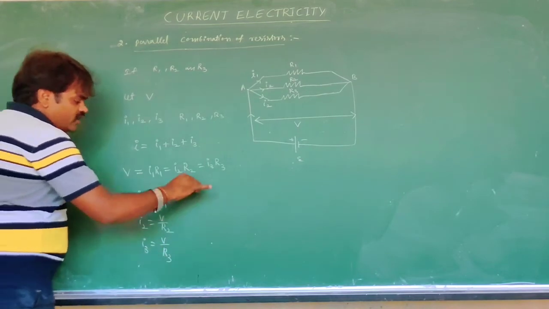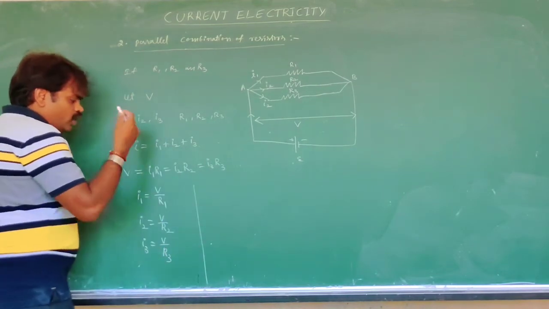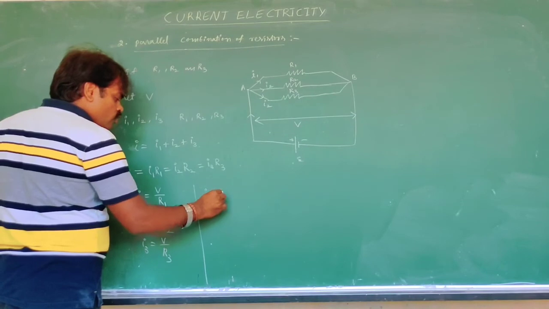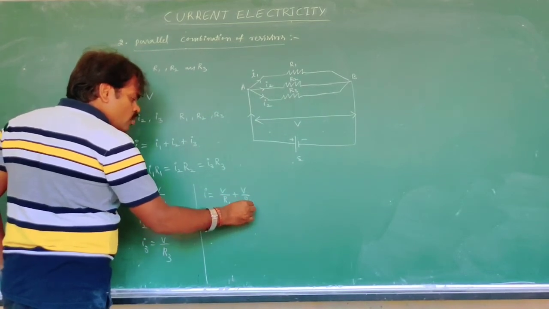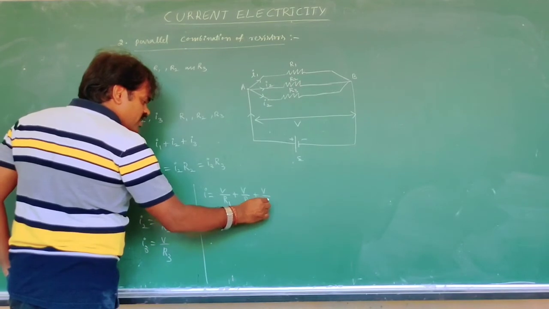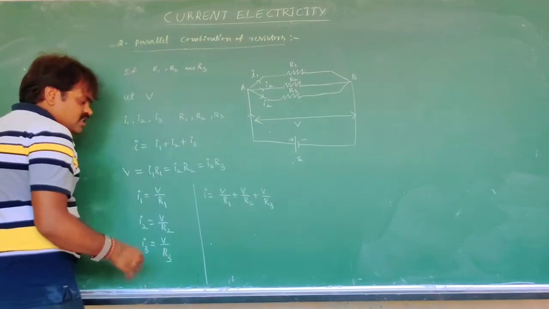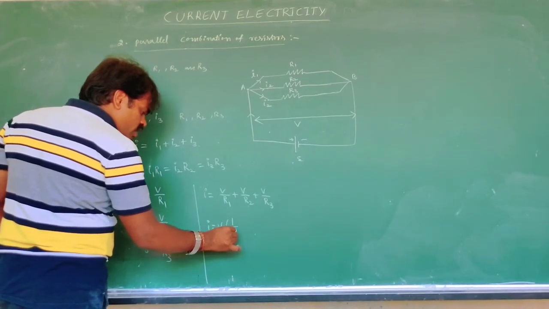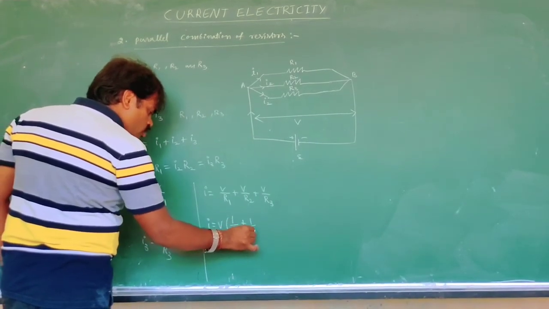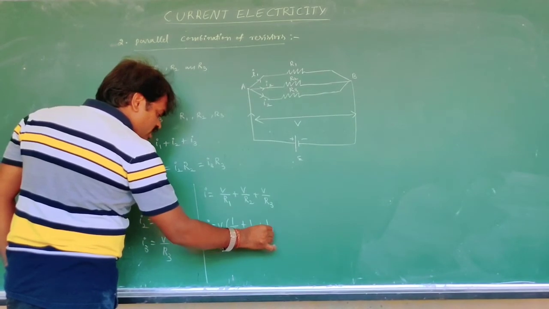Substituting, I is equal to V by R1 plus V by R2 plus V by R3, that is, I is equal to V times (1 by R1 plus 1 by R2 plus 1 by R3).